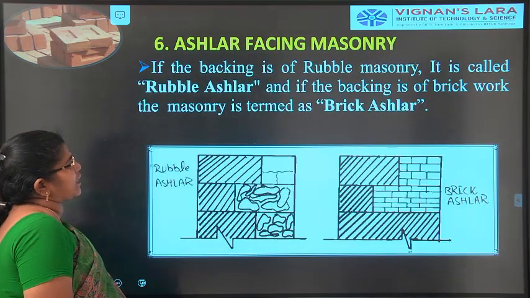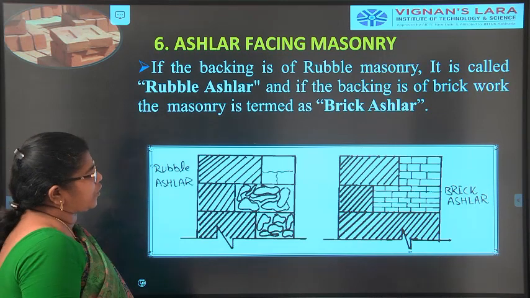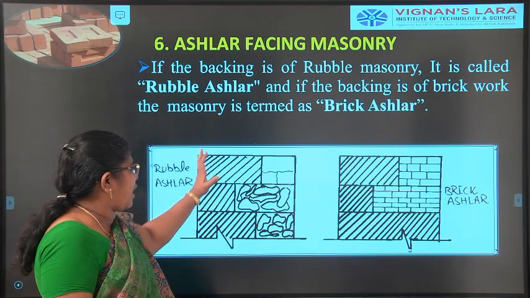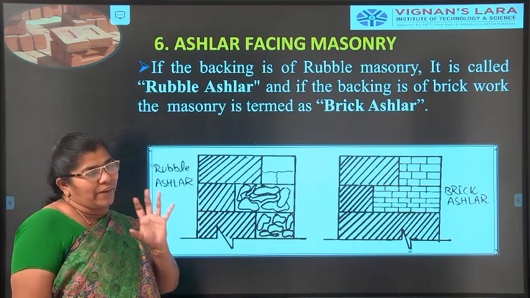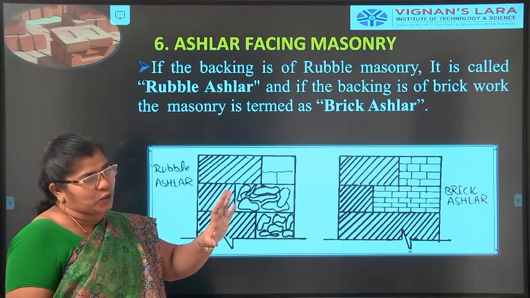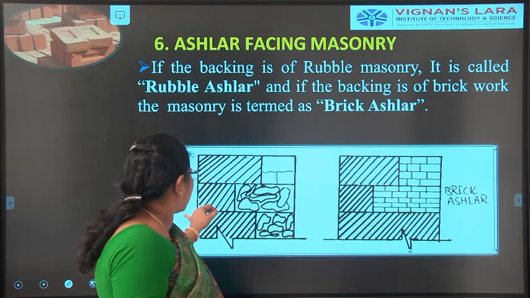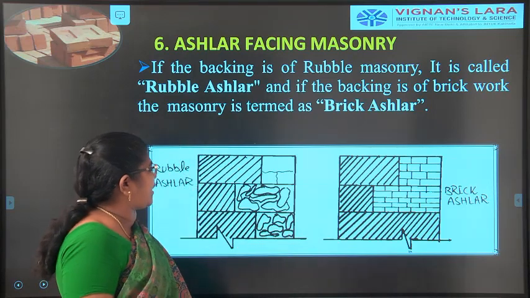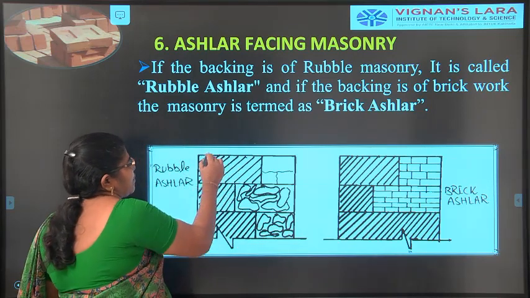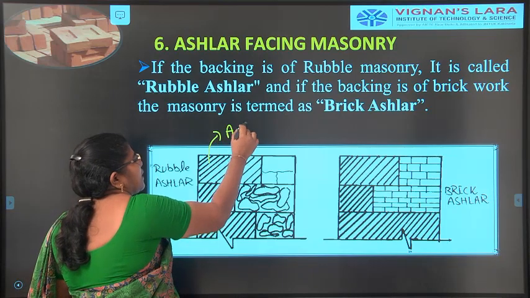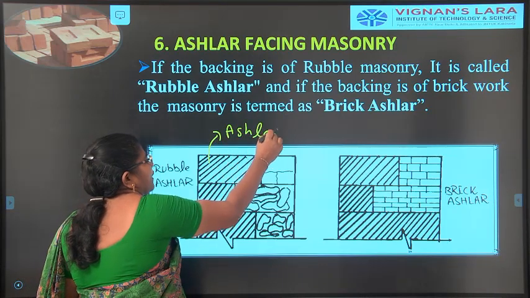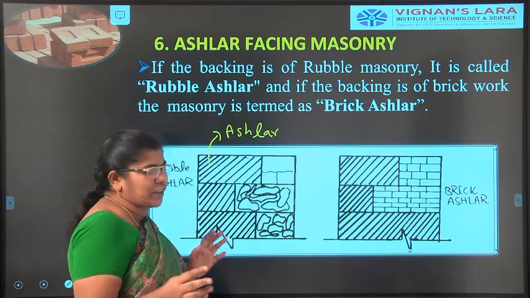The next one is ashlar facing masonry. You can see here, only the outer part will have ashlar stones. Inside it will have a brick one. This is rubble ashlar, where the outside is made up of ashlar. Ashlar is the commonly dressed, very well finished stone.